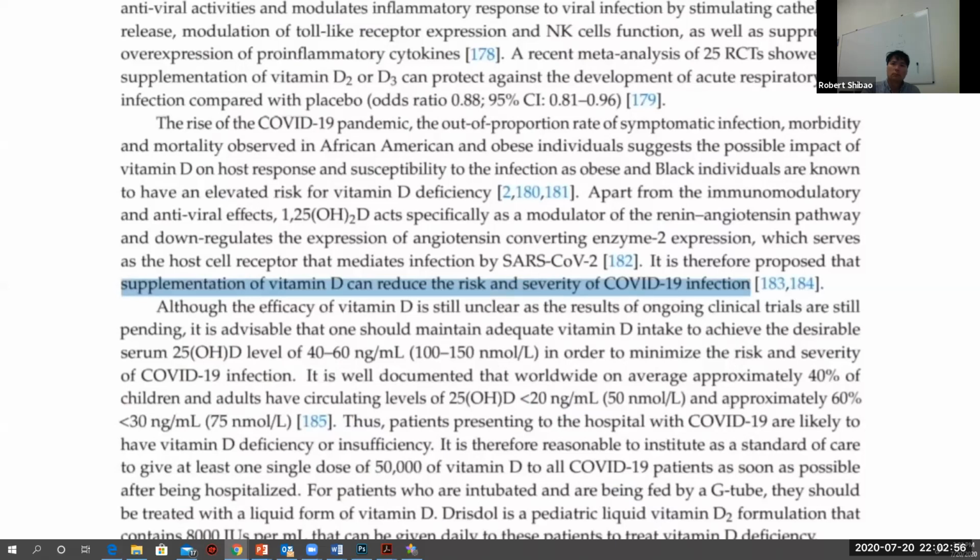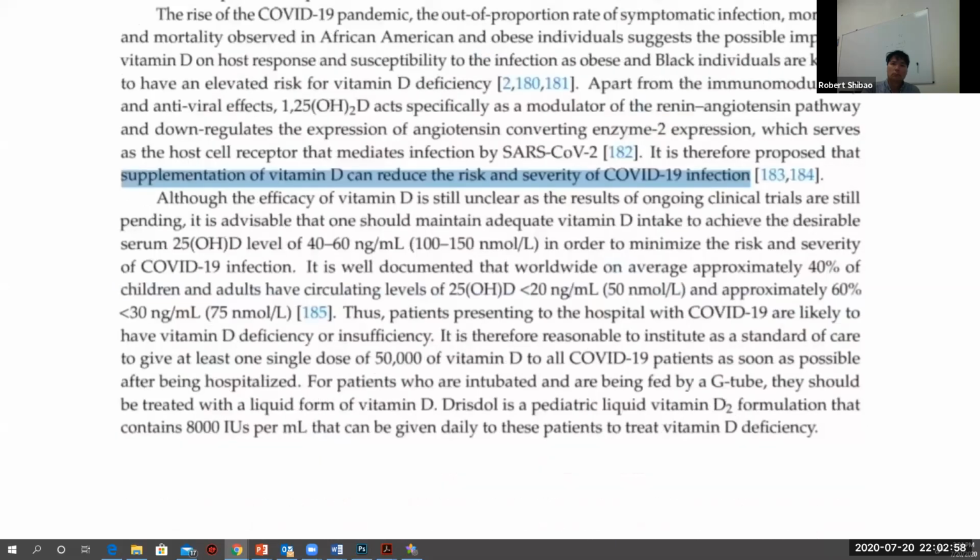Then the authors go out on a limb and suggest the following. They say, although the efficacy of vitamin D is still unclear as the results of ongoing clinical trials are still pending, it is advisable that one should maintain adequate vitamin D intake to achieve the desirable serum 25-hydroxy vitamin D level of 40 to 60 nanograms per milliliter, or 100 to 150 nanomoles per liter, in order to minimize the risk and severity of COVID-19 infection.